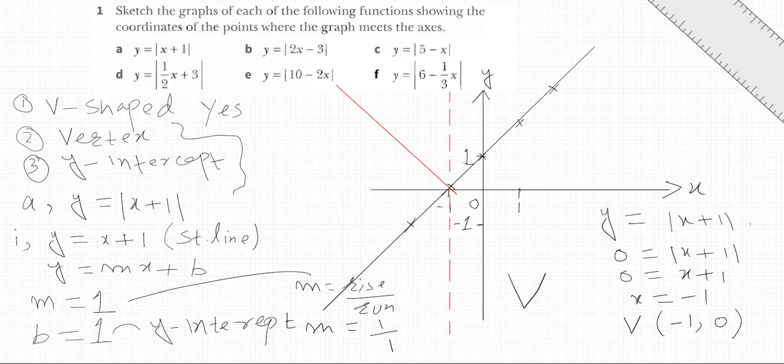So this is our graph. This portion is reflected. How do we reflect a portion below the x-axis? Just draw a dotted line which passes through the vertex and take any point on the right hand side, just like this.